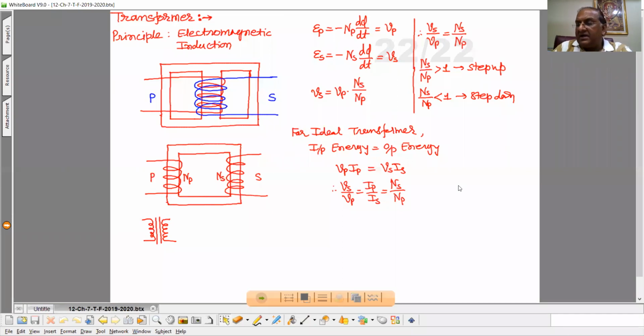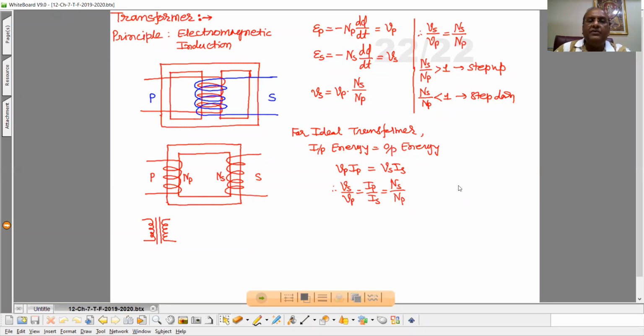Transformer. Transformer is the device with the help of which we can increase or decrease the voltage. And we know this thing, in the transmission of electrical energy, the power loss takes place.